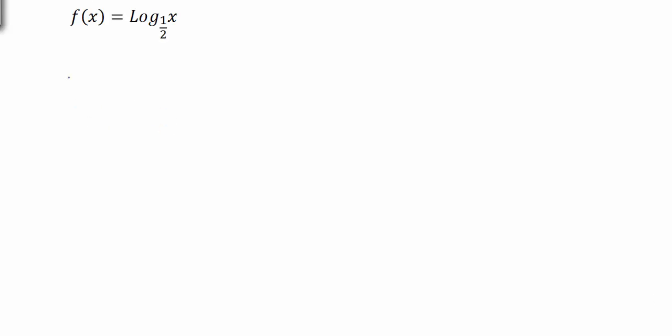And once again here, we could simply write this as f of x equals the log of x divided by the log of 1/2. Or we could use the natural log of x divided by the natural log of 1/2.